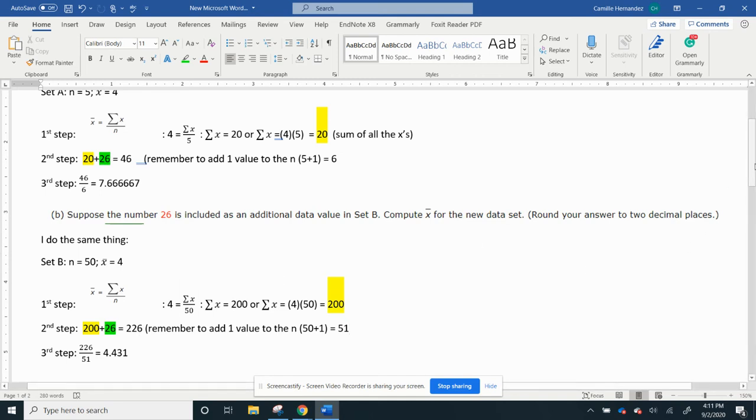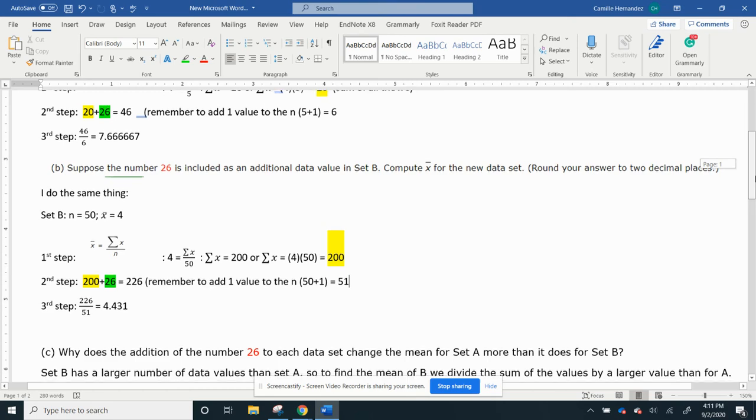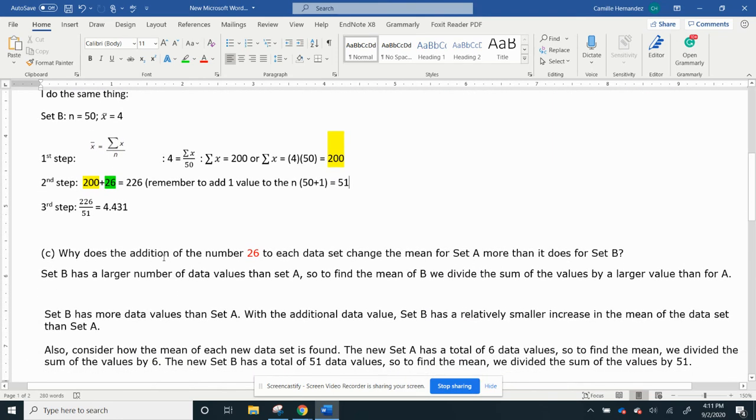So what this whole problem is trying to get at is, why does the addition of the number 26 to each data set change the mean for set A more than it does for set B? It all has to do with the sample size.